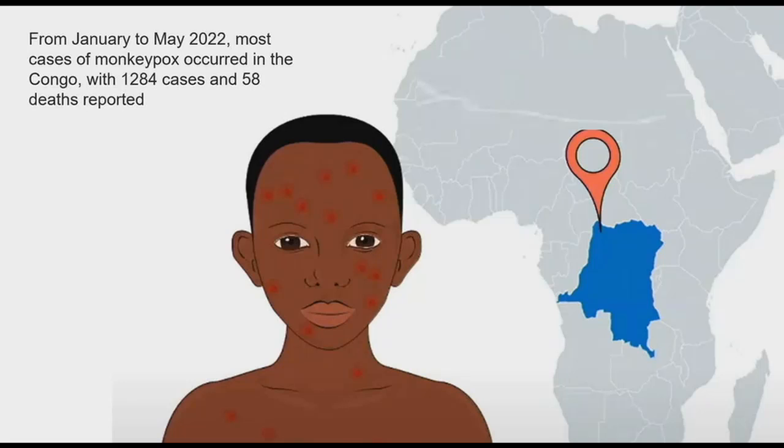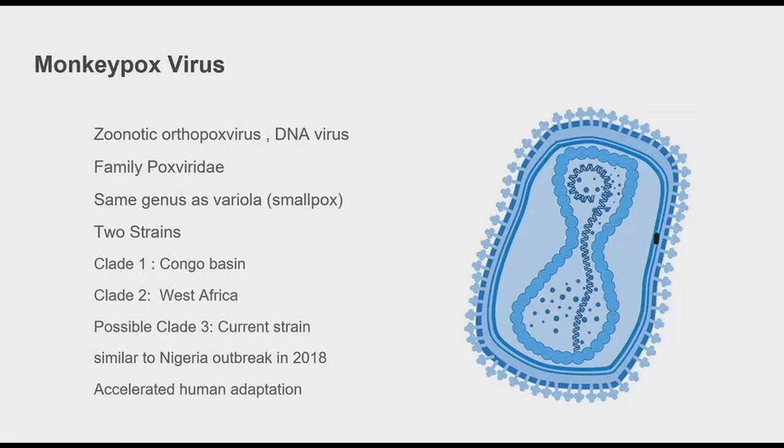From January to May 2022, most cases of monkeypox actually occurred in the Republic of Congo in Central Africa, and the outbreak caused about 1,200 cases and 58 deaths. Monkeypox is a zoonotic orthopox virus.